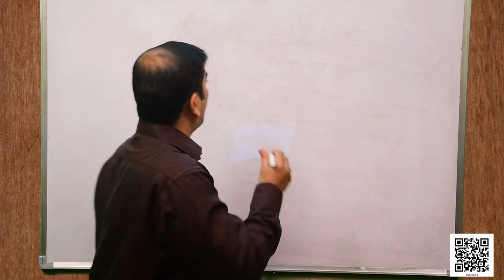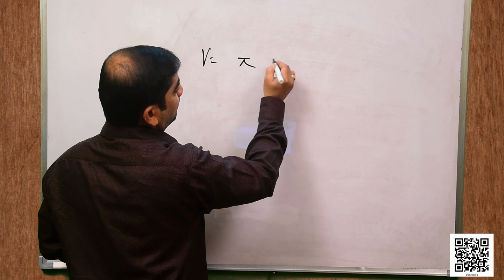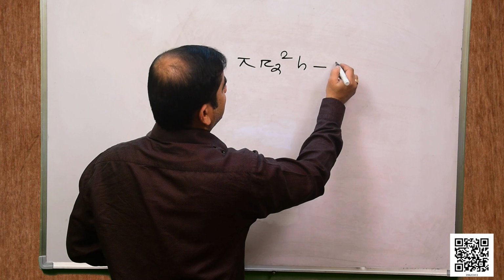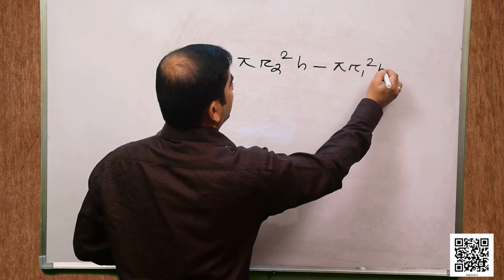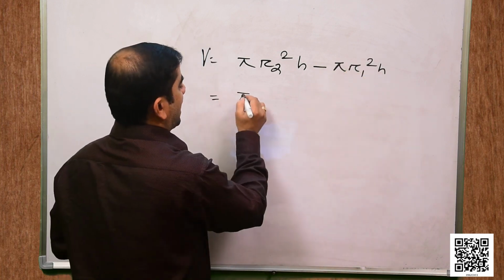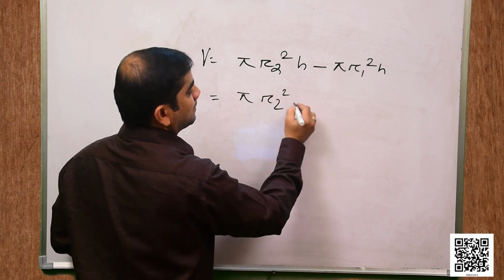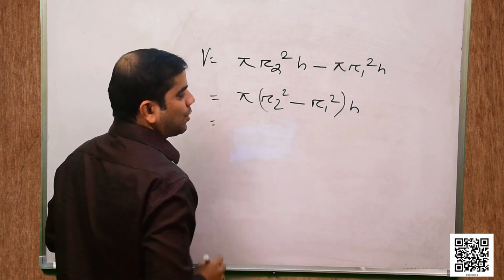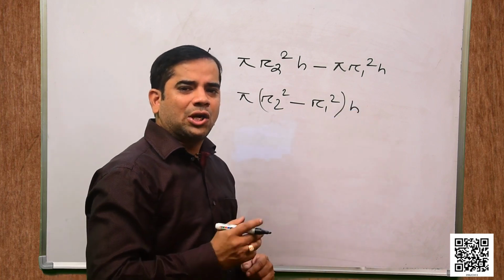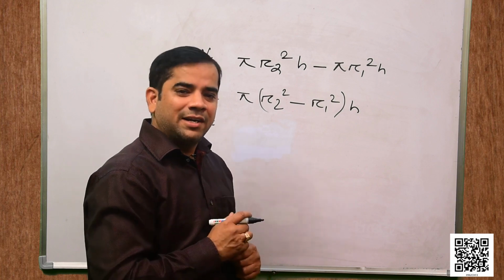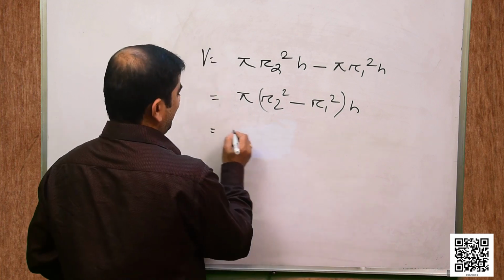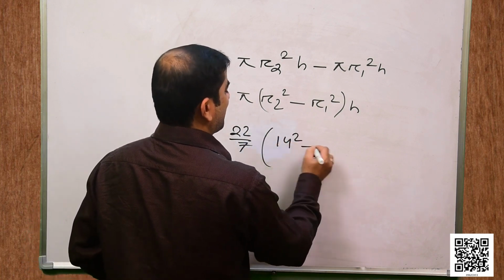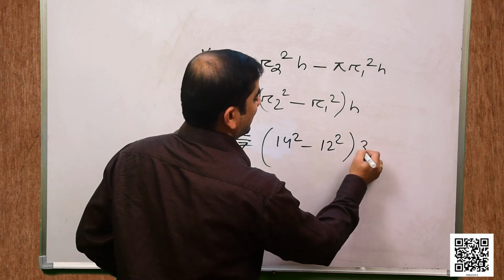So, the volume should be pi R2 square H minus pi R1 square H, that is equal to pi into R2 square minus R1 square into H. What is R2? R2 is the outer radius, that is 14. So, it is 22 by 7 into 14 square minus 12 square into 35.